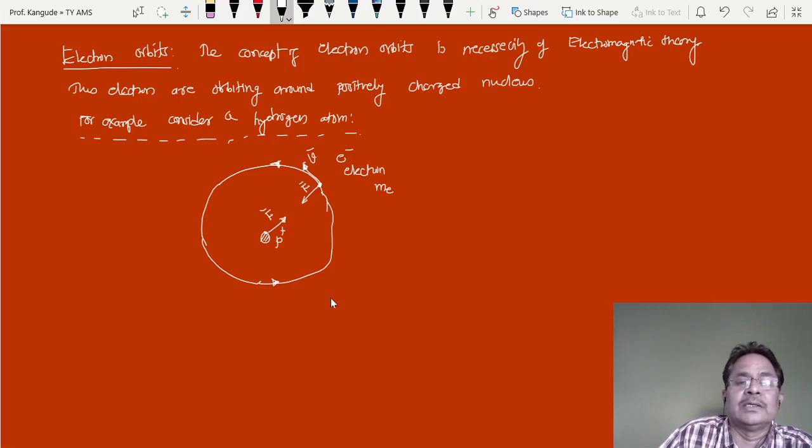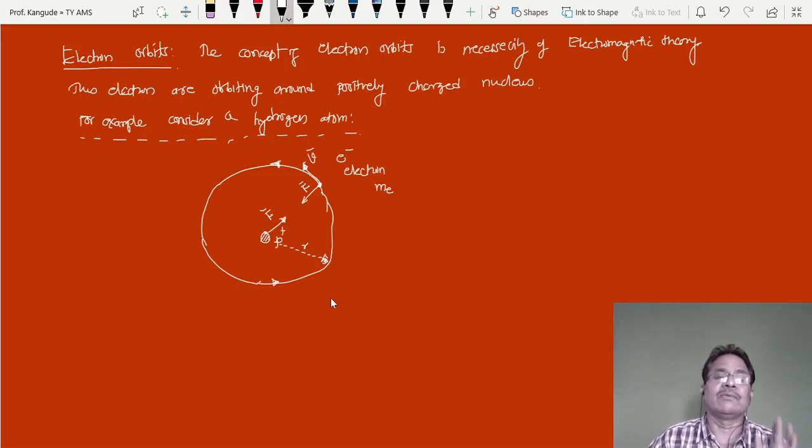Here I can take the distance r, the radius of this atom. The electron is at a distance r from the nucleus and is moving with velocity v, so it has certain momentum me into v, so it has some angular momentum, and it may have some other aspects. So we are considering this model now.